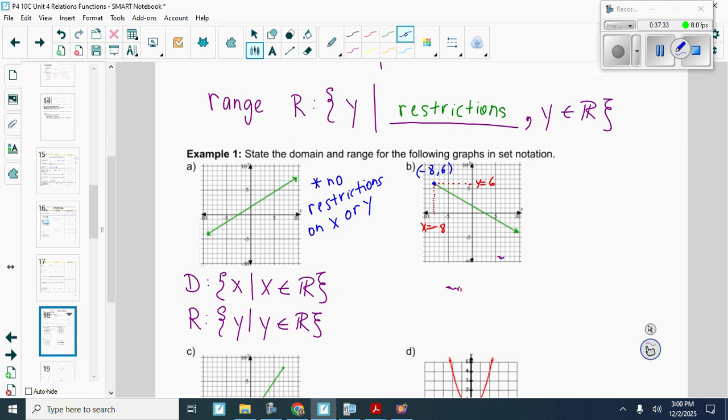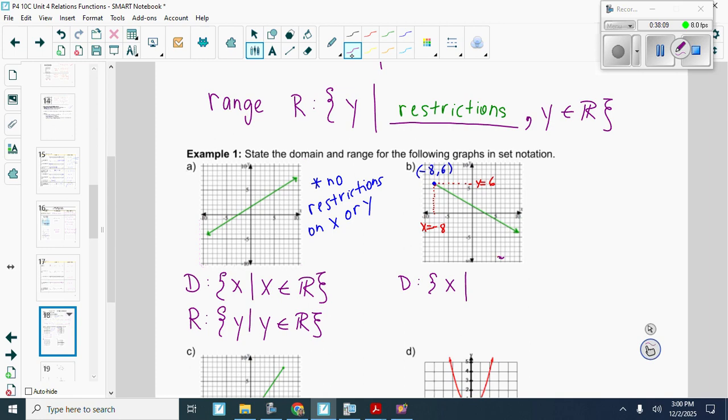So this is an example where our domain for this one, I'm going to write over here. x such that, does x have to be greater than or less than -8? What do you think? Well, I've got one of each. Less than -8 is over here. Does my graph exist over here? No. Greater than is over here.